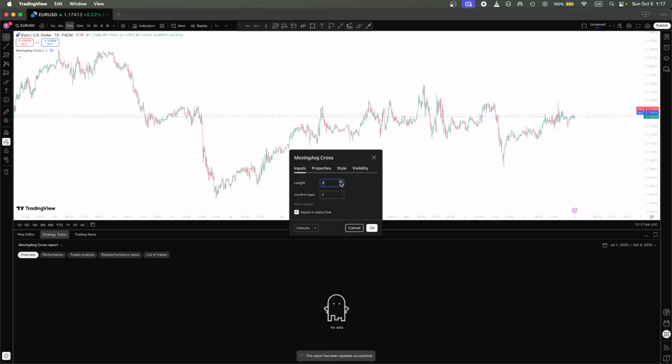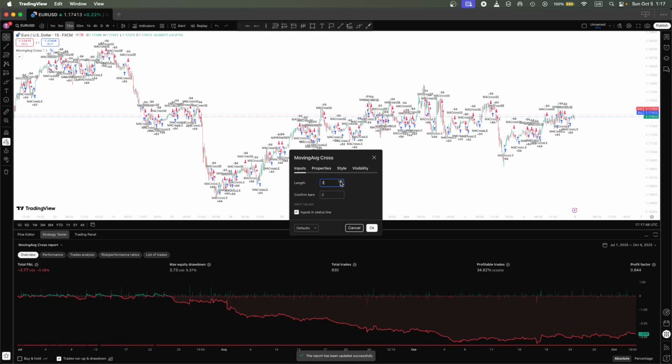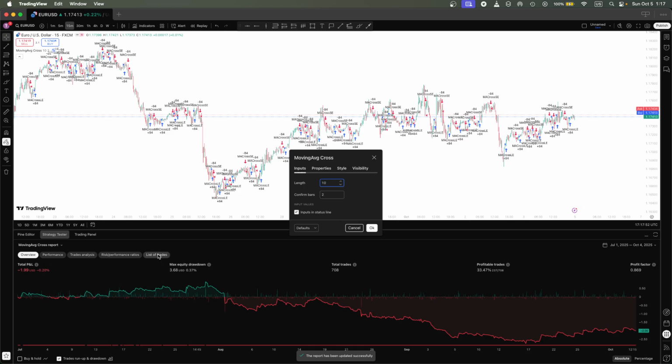So basically it's doing a combination of your entire backtesting and seeing which two values are best performing for this time frame.